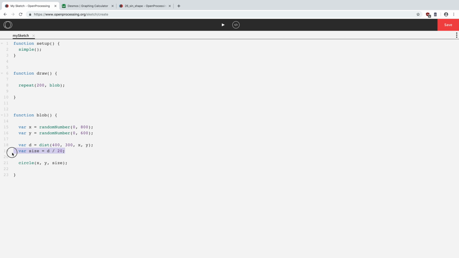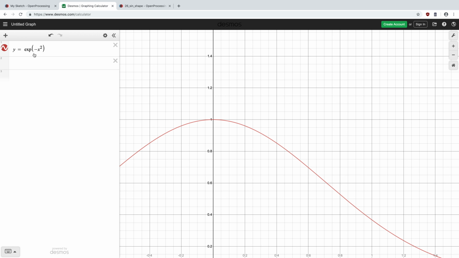So we still need the distance, yet we're calculating the distance, and now we're saying the size is that exponential function. How do we calculate it? Minus x squared and then the exponential.